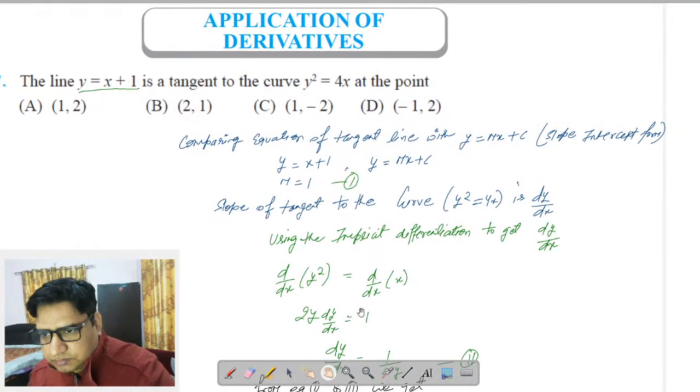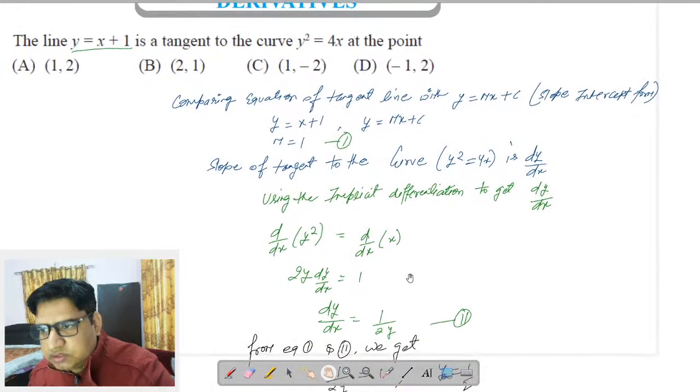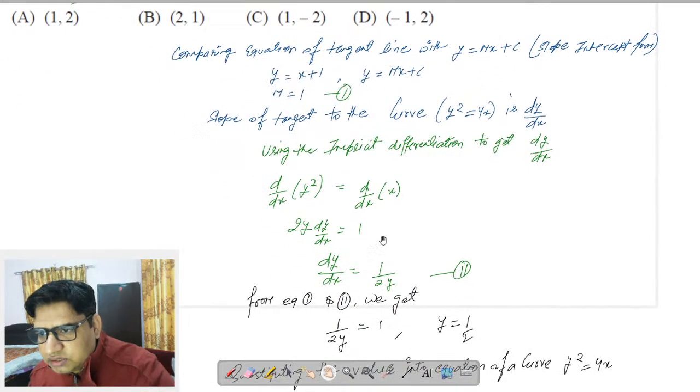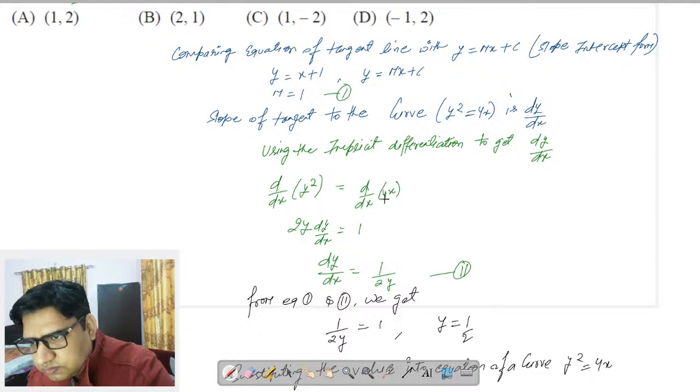Here we get m is equal to 1, then 2y dy by dx is equal to 4. Silly mistake again, guys. Here we have 4, and this will be 4 upon 2y, that will be 2 upon y.